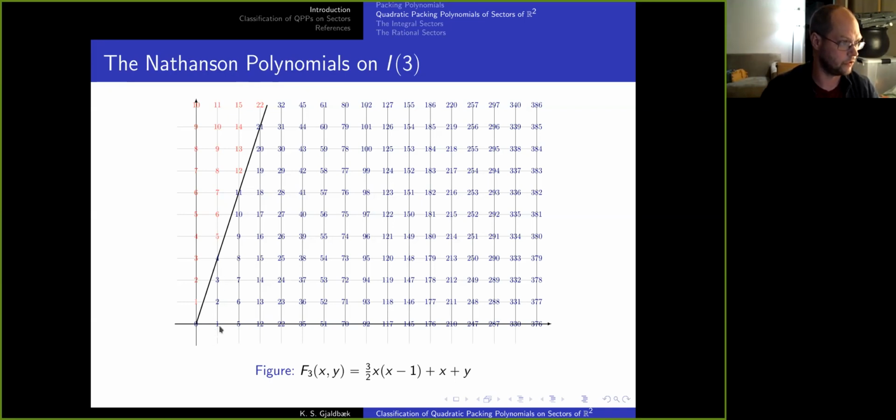When you move along the vertical lines, the function value increases by 1, and the next line over, again, it picks up exactly where the previous left off. And if this is the picture of f, g is just counting in the opposite direction.